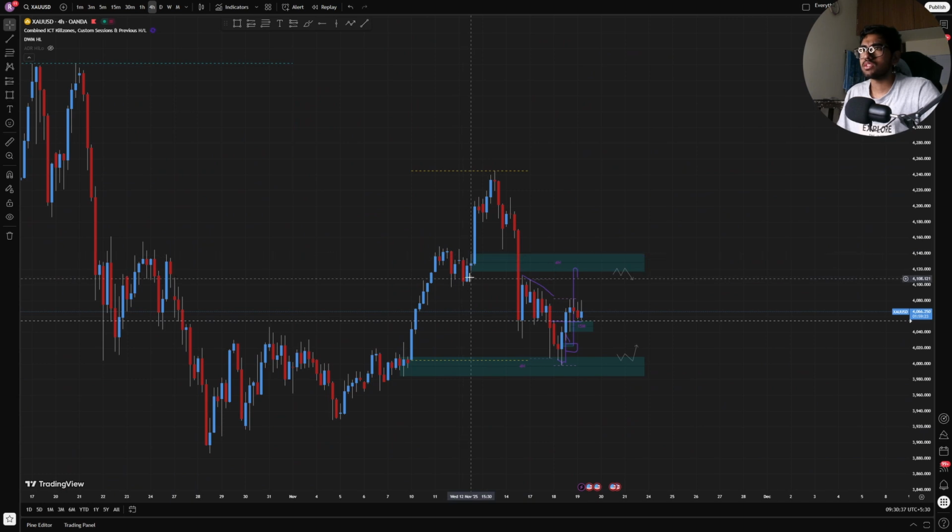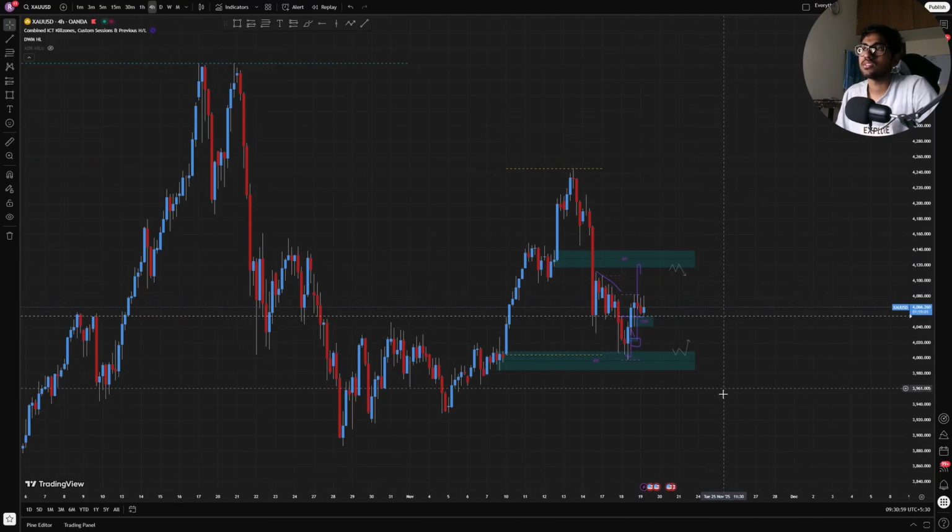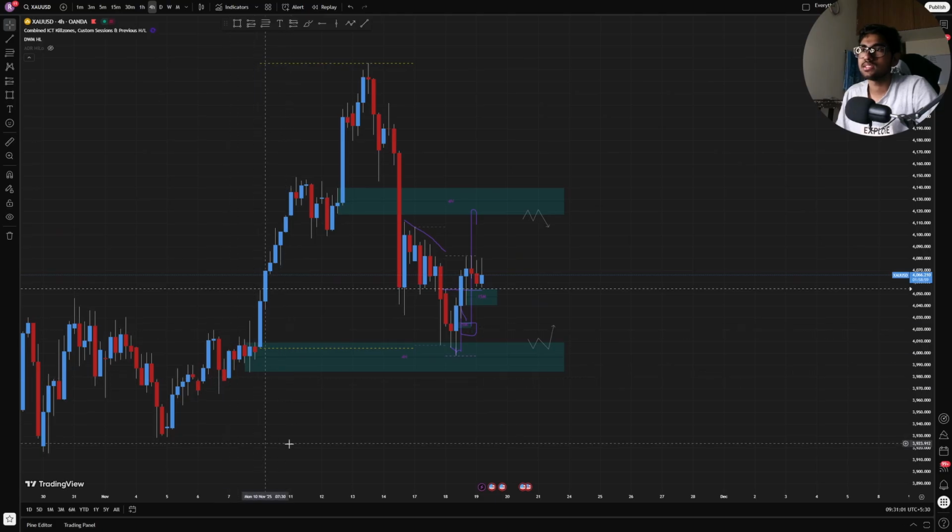So this was a failed order block, which now becomes a potential breaker block area, right? I'm taking this as some sort of a breaker block area because price would have taken out all this liquidity in this area. I'm expecting price, after taking all the liquidity, to give me somewhat of a down move. So this is what I'm expecting, and this is the 4-hour region that I have entered from, right?